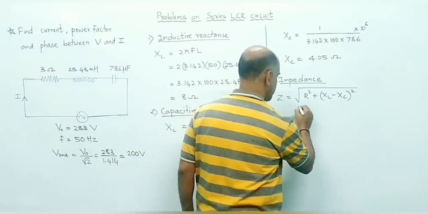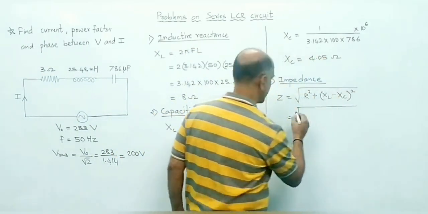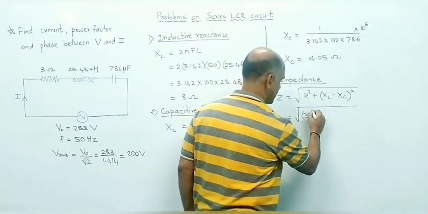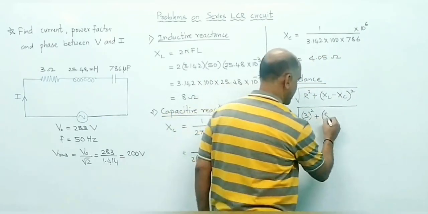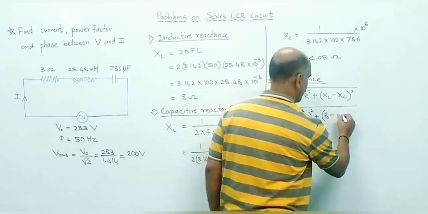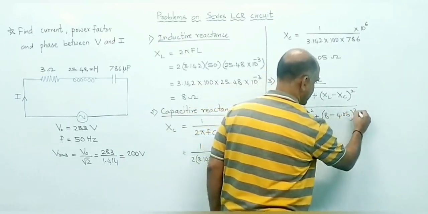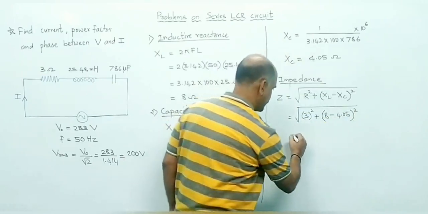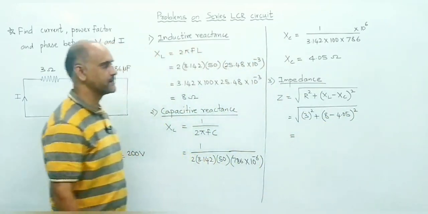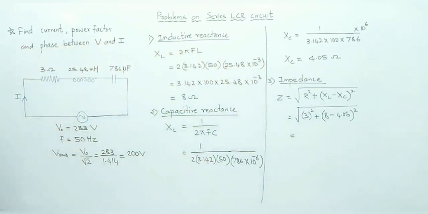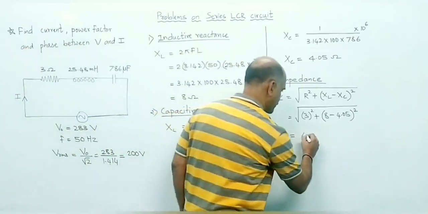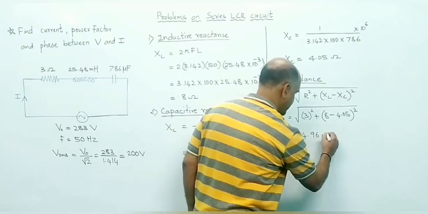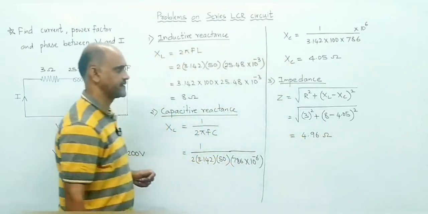So root of 3 square plus 8 minus 4.05 bracket square. If you simplify this, you will have the answer Z as 4.96 ohms.